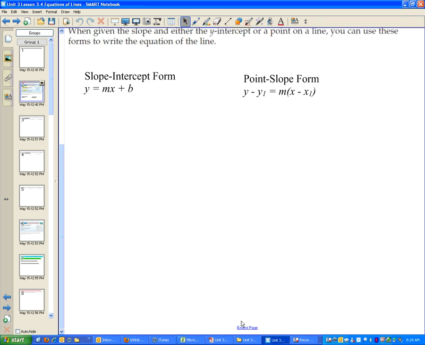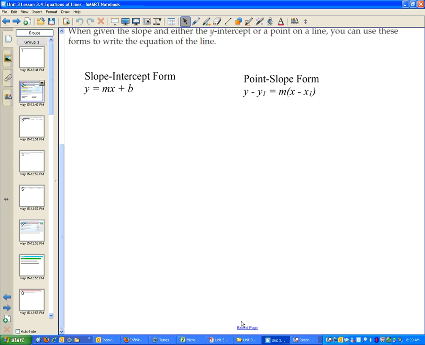Regardless of the final form I'm going to put my equation in, the information I know tells me which form to start with. If they give me the slope and they give me a point, I'm going to use the point-slope form. I mean, they're named telling you what information you need to know to use them. Okay? So if I have a point and I have the slope, I'm using point-slope.